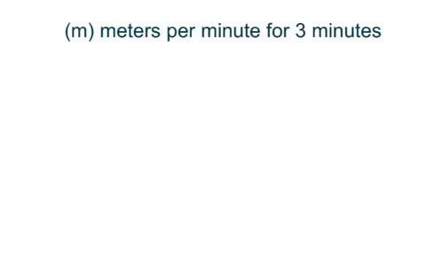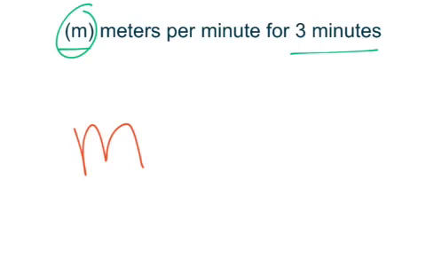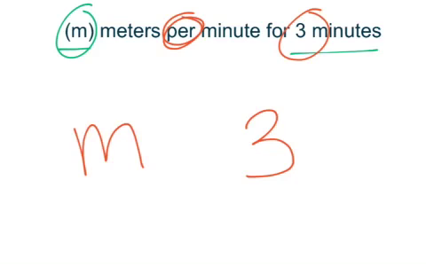What about this word sentence? M meters per minute for 3 minutes. So I'm going to circle key things here. M I know is going to be my variable. I know I'm going to do something with the number 3 here. Now I have to find out what my operation is going to be. I noticed the word per here, and I know per tells me that I will be multiplying.